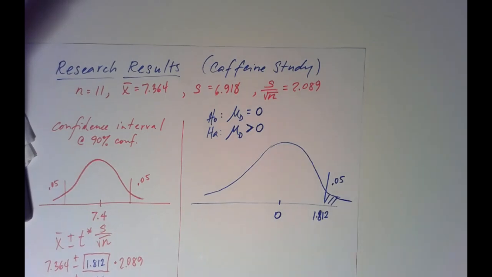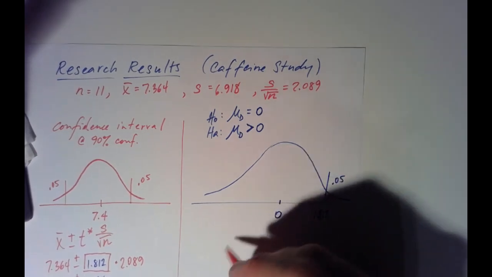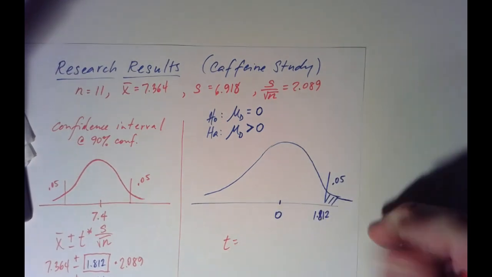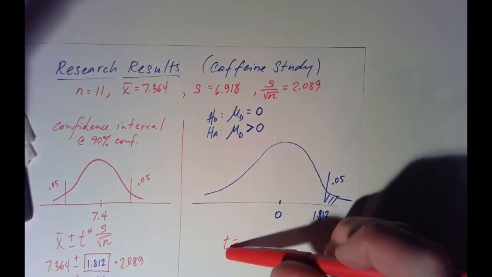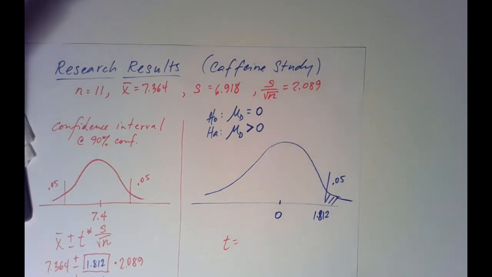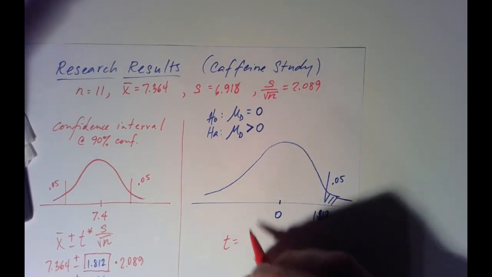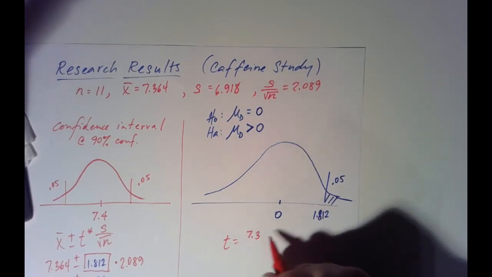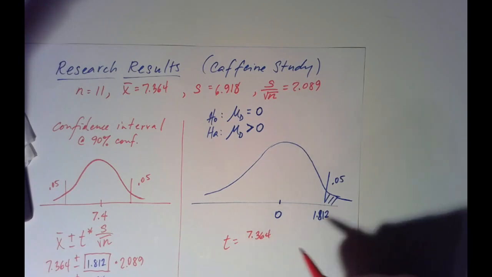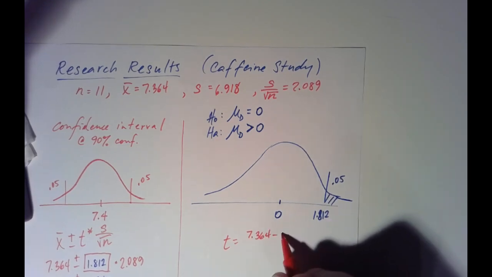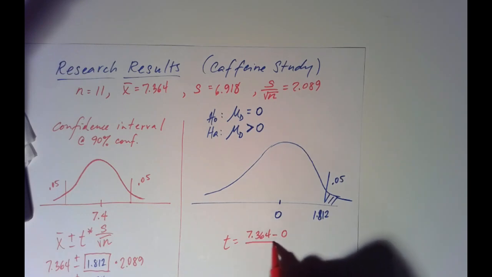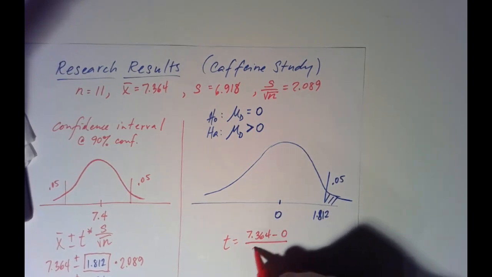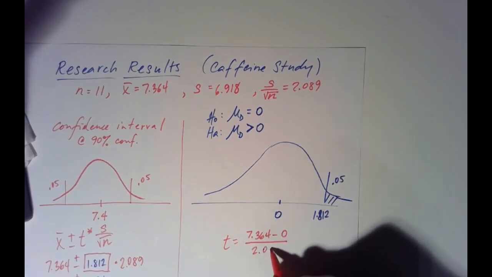As a matter of fact, let's calculate. What is our test statistic here? We know our critical value already, but what is our test t? Our test t is going to be our research results. You'll see we're using all the same numbers that we did over on the left, minus our expected result, divided by 2089, the standard error.